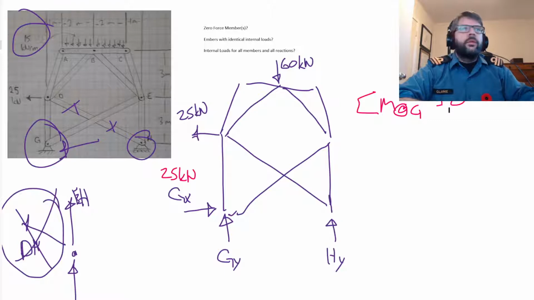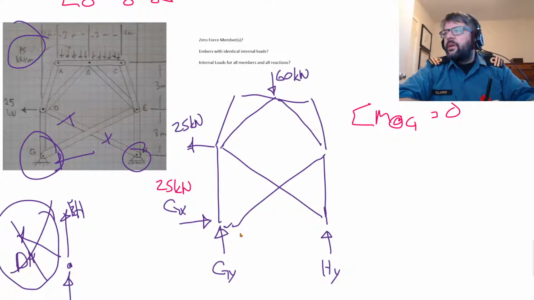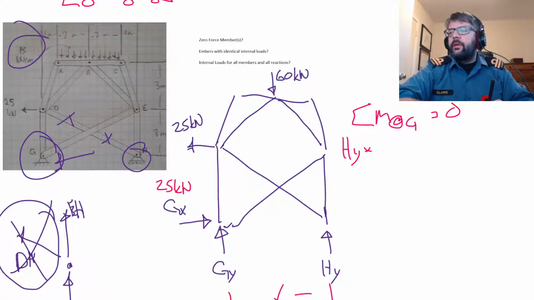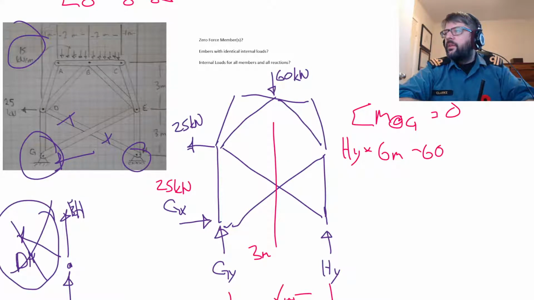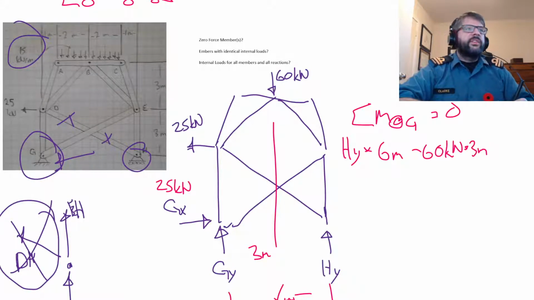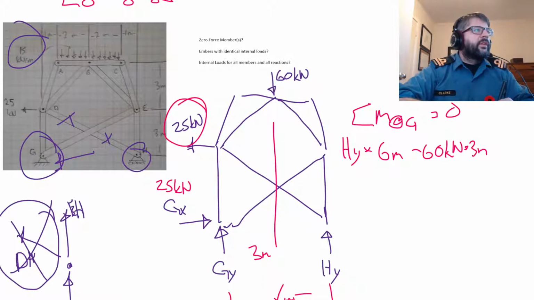Taking HY times that 6 meter span, minus the 60 kilonewtons times the 3 meter span, plus the 25 kilonewtons times that 3 meter span.